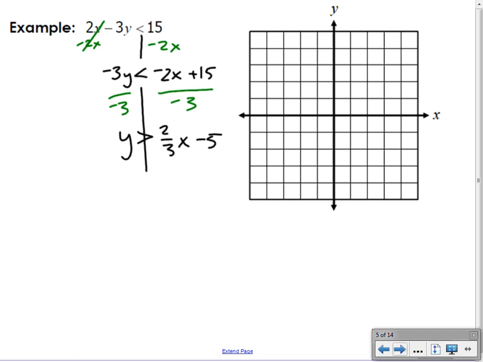So we have a y-intercept at -5, and our slope is 2/3, so we're going to go up 2 and right 3. Now, because we have a greater than symbol, we're going to connect our dots with a dashed line. And because it's a greater than symbol, we're going to shade above this line.